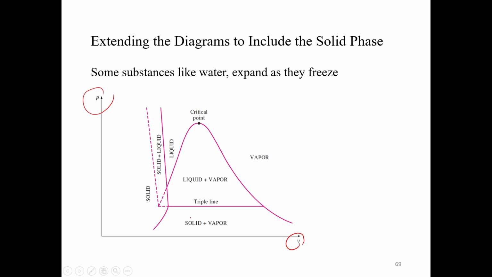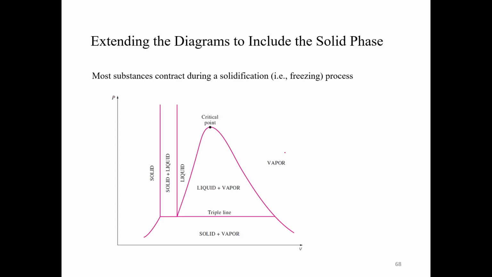Now we have two graphs for this, because some substances contract during solidification. That means the volume reduces when you go from liquid to solid. So this is the graph for that kind of material.